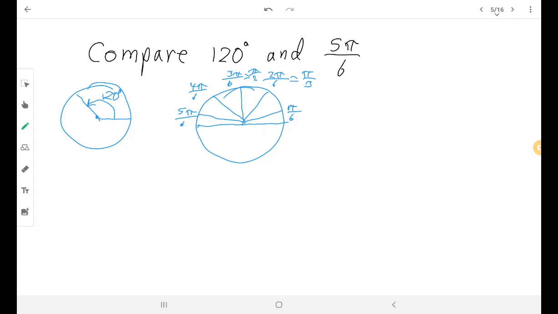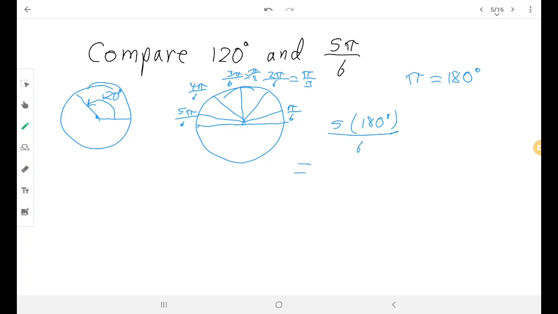So how do these two compare? Well, it's really hard to compare them visually. They almost look like they could be in the same spots, especially if I'm just sketching things out. So let's, again, use the fact that pi equals 180 degrees and compare them. And really, the easiest way to compare them is to make the substitution right there, right? So let's compare 5 pi, or 5 times 180 degrees, over 6.